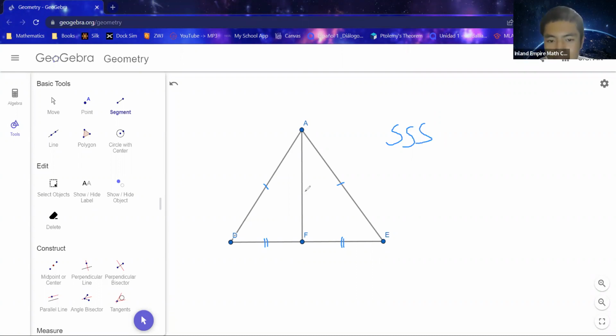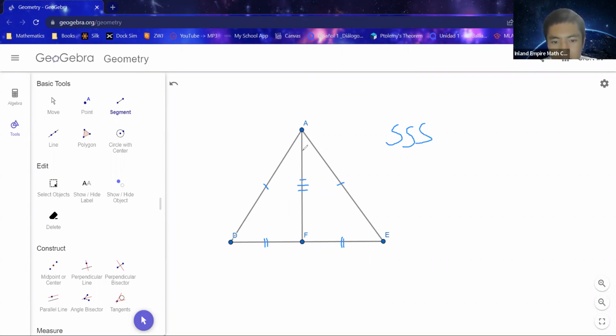SSS is saying that if three sides of two triangles are exactly equal to each other, which you can see in this case, AD is equal to AE, AF is equal to AF, and DF is equal to FE. Since all three pairs of sides are equal, the triangles are congruent to each other, which kind of makes sense, right? Because if you have a triangle and all three of its sides are completely equal to another triangle, then it would make sense that the two triangles are congruent, right?